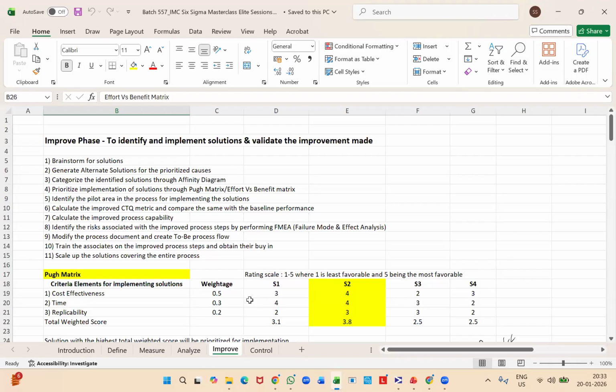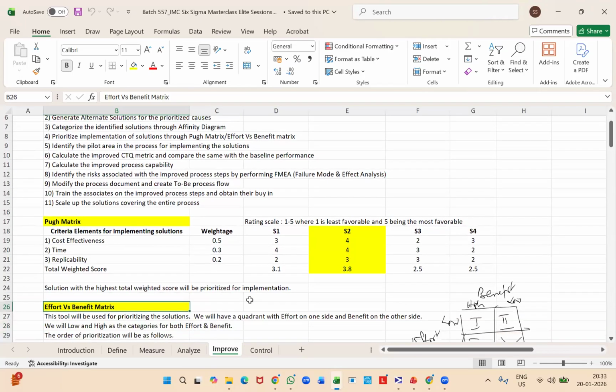Otherwise, it will be difficult for us to sustain that improvement. And for this, we need to obviously get their buy-in, or we need to convince them that following the improved process steps would definitely yield lots of benefits for them. And once that is done, we can always scale up the solutions covering the entire process.